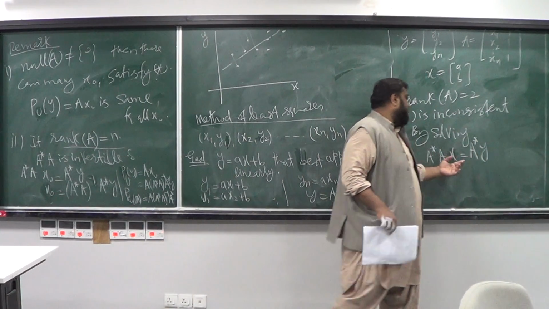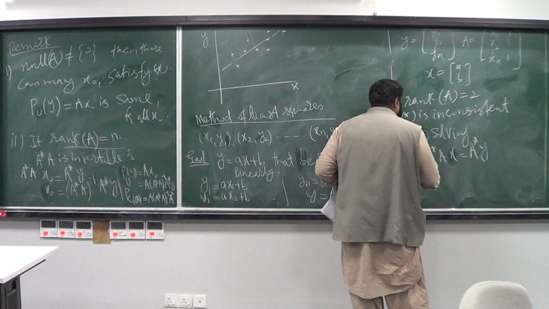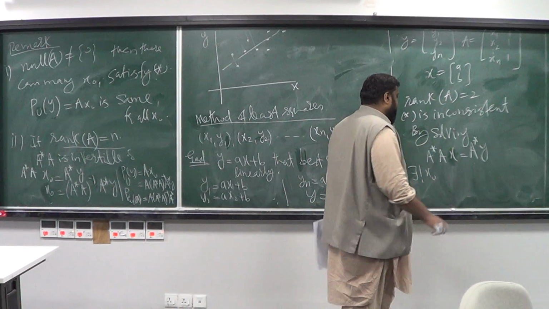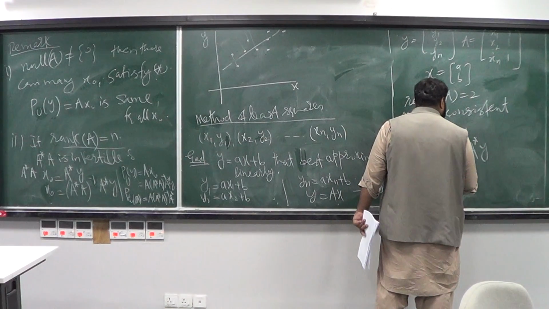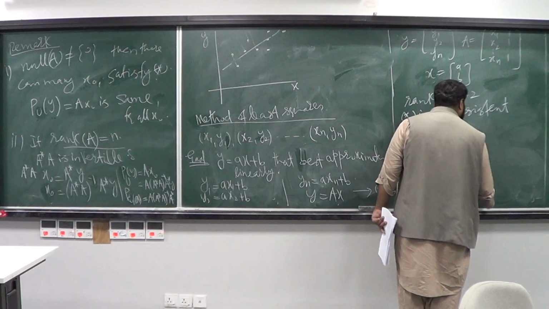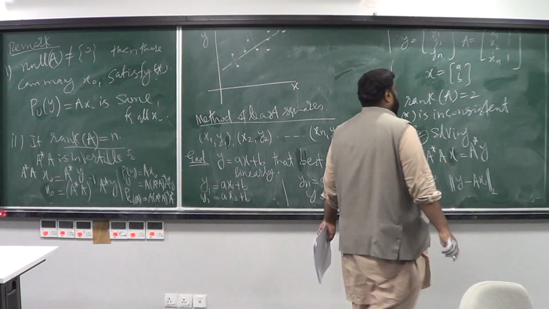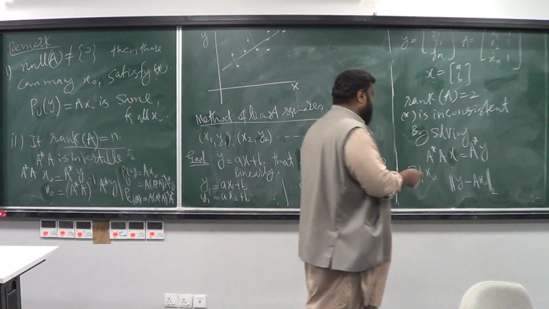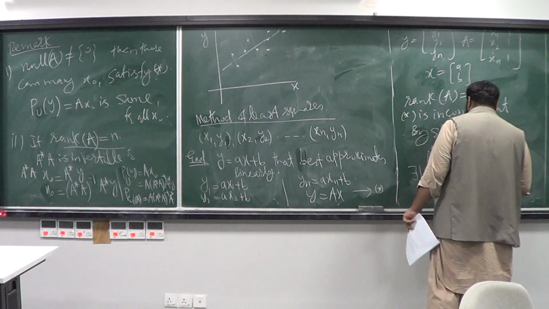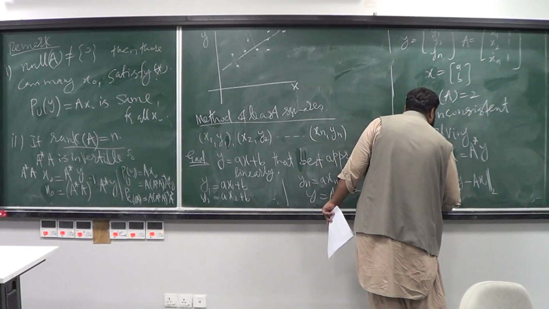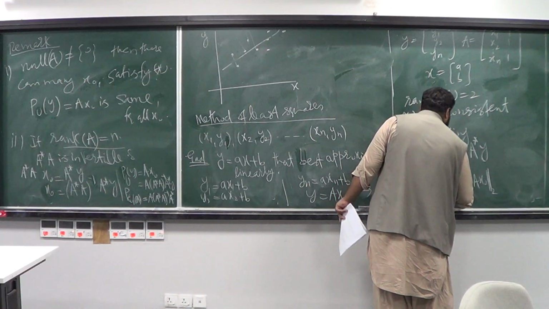So if you solve this system, you can find an x naught for which the distance between y and A x naught in 2 norm is minimum, is smallest.